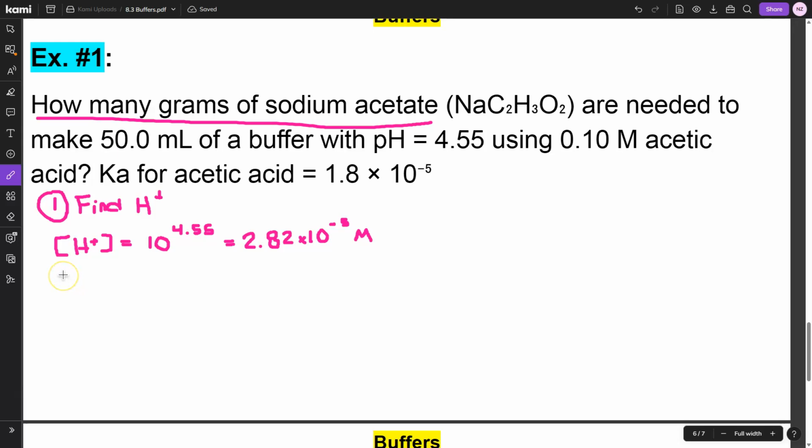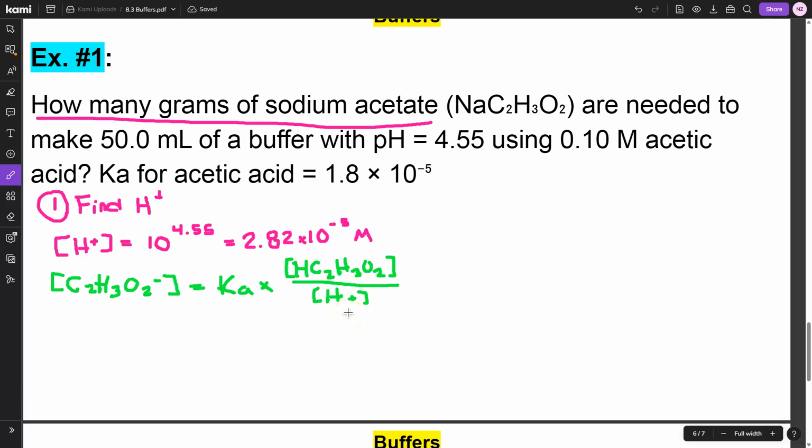And in doing so, we get the concentration of C2H3O2-, because we've lost that hydrogen, is going to be equal to Ka times, so our acid's going to go on the top, HC2H3O2, and then in our denominator is going to be H+, and we've got concentrations here. Okay, so we've rearranged our equation to find our conjugate.